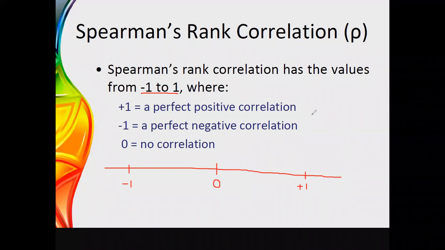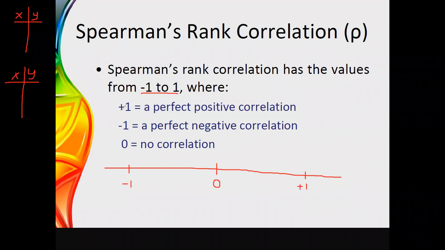It means that if you have x and y, and you increase x by 1 unit, then y will also be increased by 1 unit. Therefore, it is a perfect positive correlation. If it is -1, then if x is increasing, then y should decrease. It means that if we increase x by 1 unit, then y will be decreased by 1 unit.